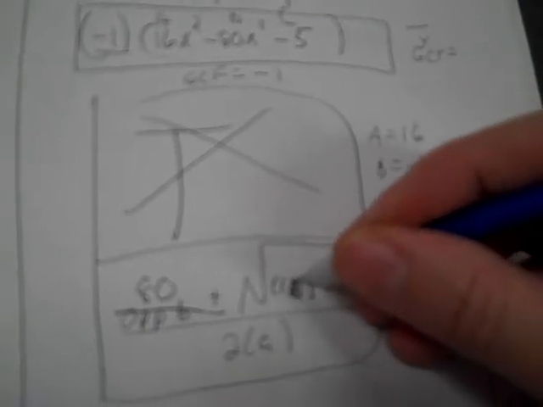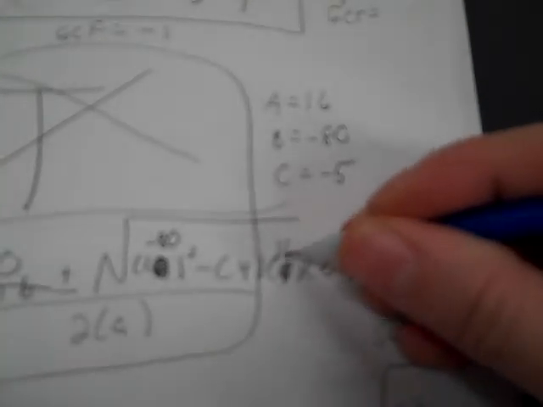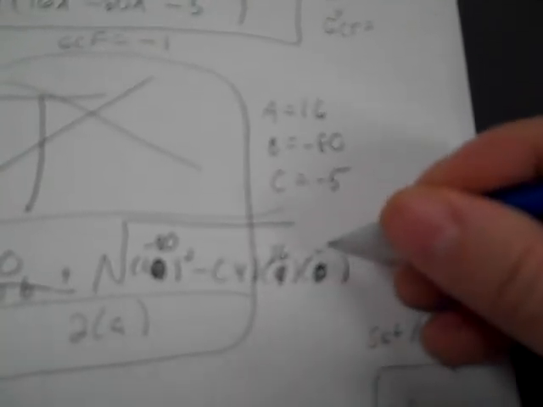B itself is negative 80. A is 16. And C is negative 5. Now on the bottom my A is 16, so I got 80 plus or minus, and 2 times 16 is 32. And then we're going to figure out our square root.